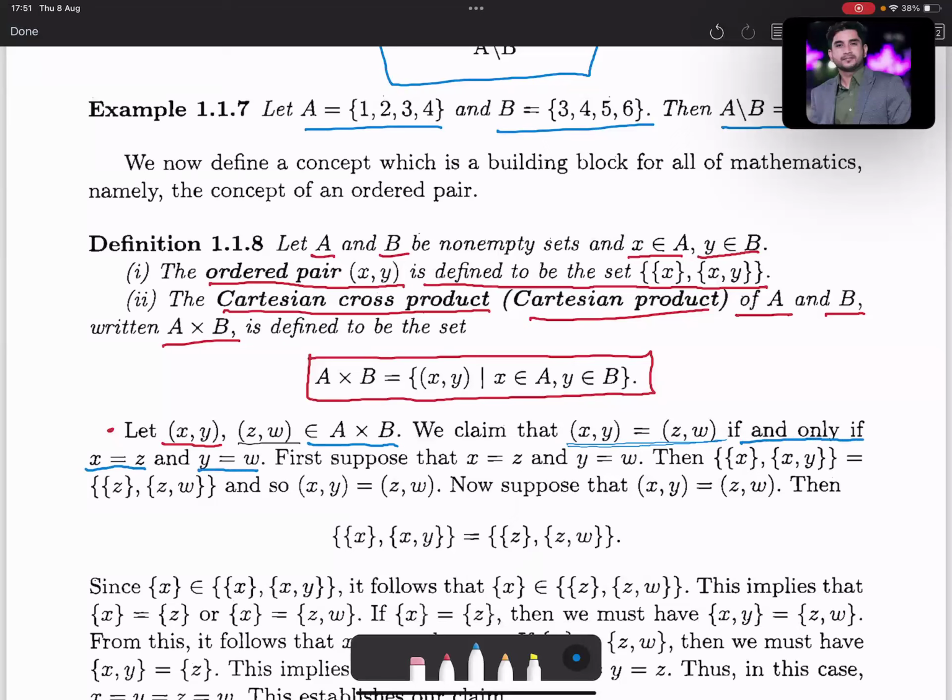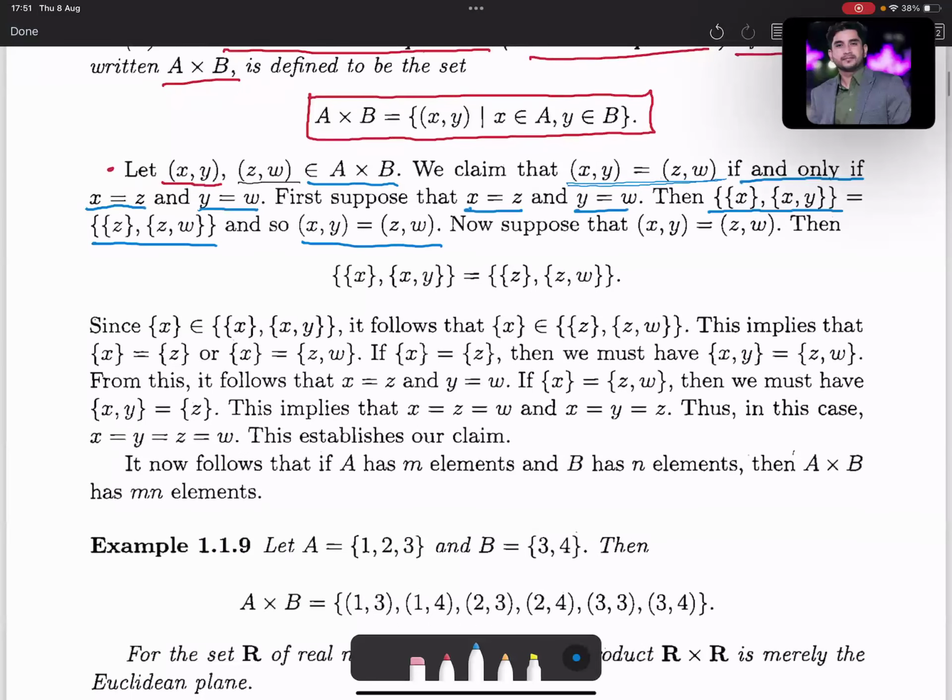So first suppose that x is z and y is w. Then this set is equal to this set, so these two ordered pairs are the same. Now suppose that (x, y) is equal to this, then these two sets are equal. Now, since this x lies inside the set, it follows that this x lies also inside the set.